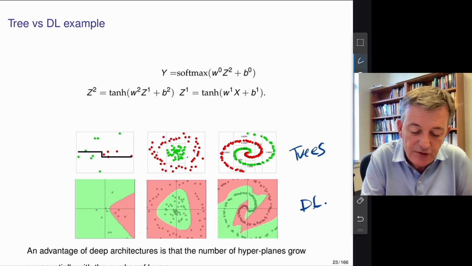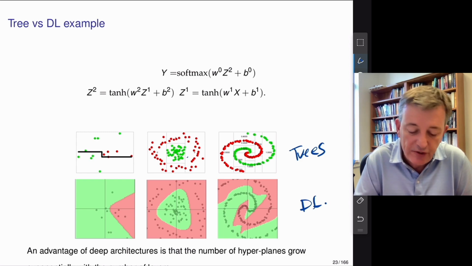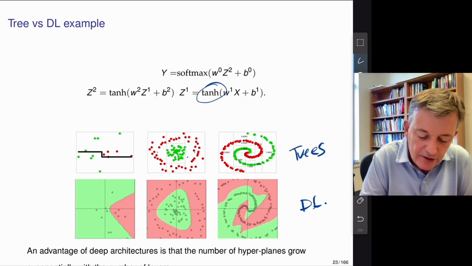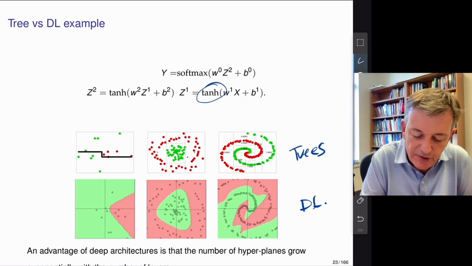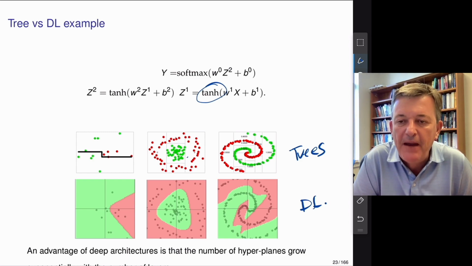But in deep learning, it's just a 2-layer network with a tanh activation function. Oh, and just a quick little reminder, tanh will take lines and essentially bend them a little bit, right? So if I had a ReLU or a max activation function, I would just get hyperplanes.